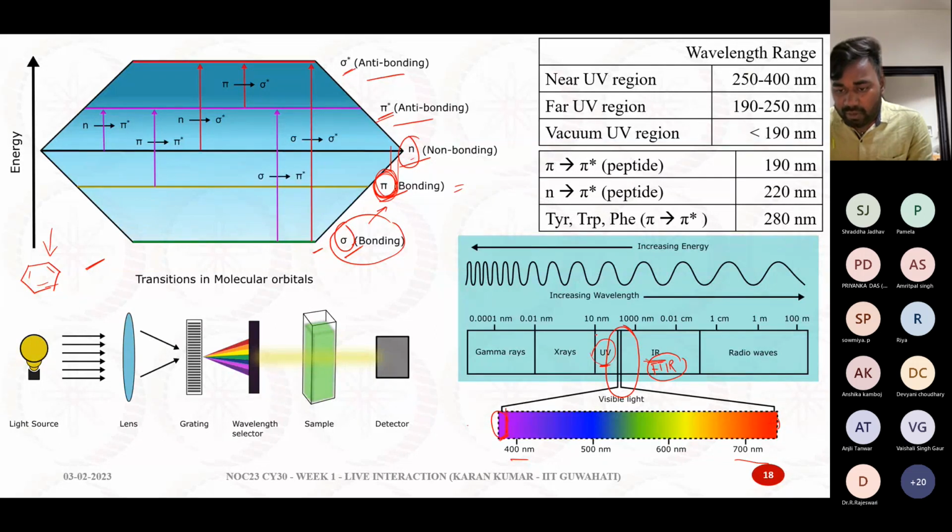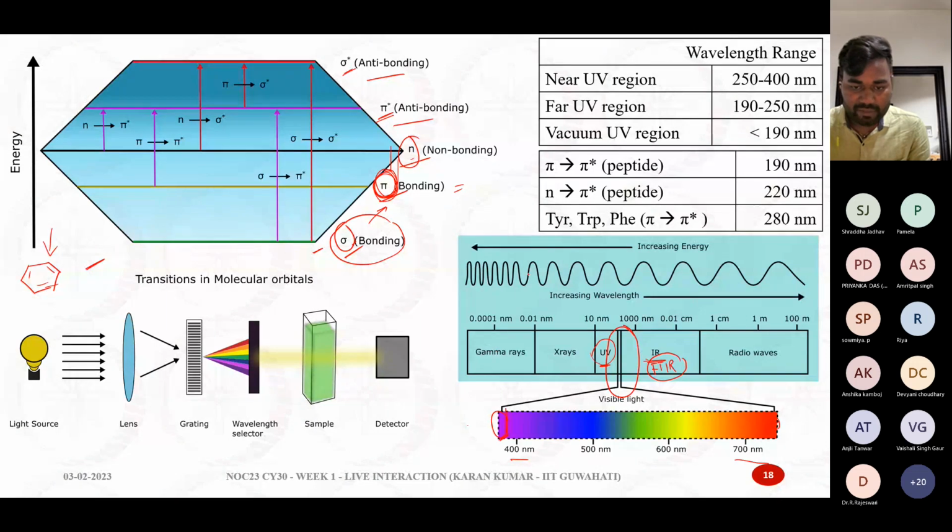Because depending on the range, depending on the crest and trough, the electromagnetic spectrum, this wave, depending on its wavelength, contains a certain amount of energy, which can have impact on electrons, which can have impact on the bonds that are present.